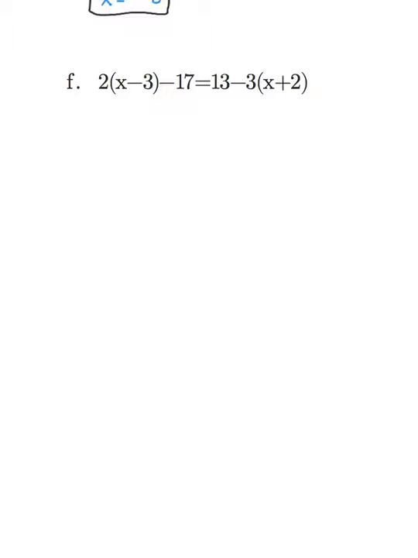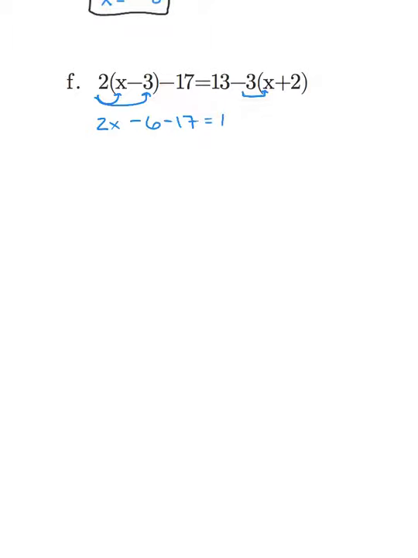If we distribute on the left side, we get 2x. 2 times negative 3 is negative 6 minus 17. On the right side, I want to distribute the negative 3. Make sure that you distribute the negative with the 3 as well.